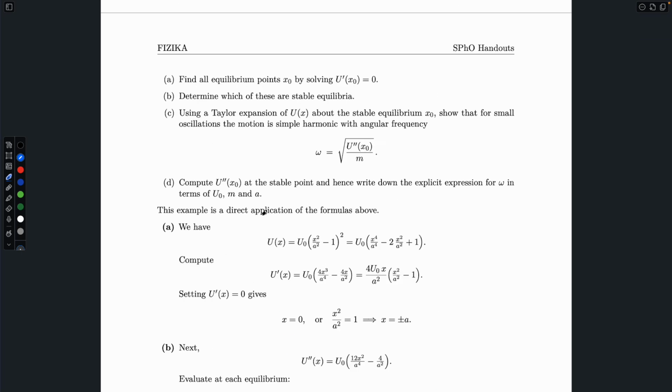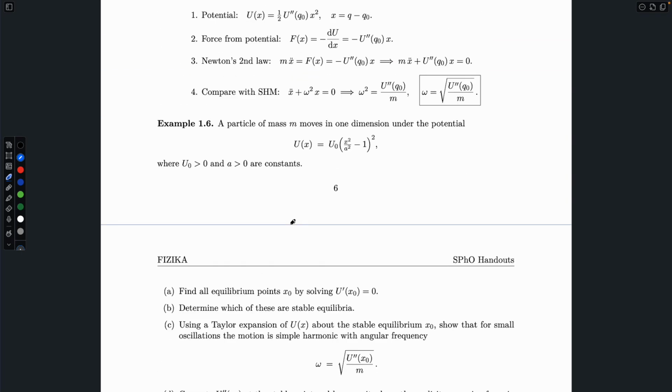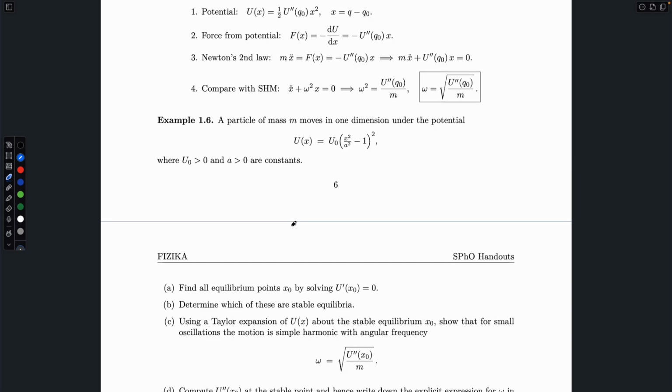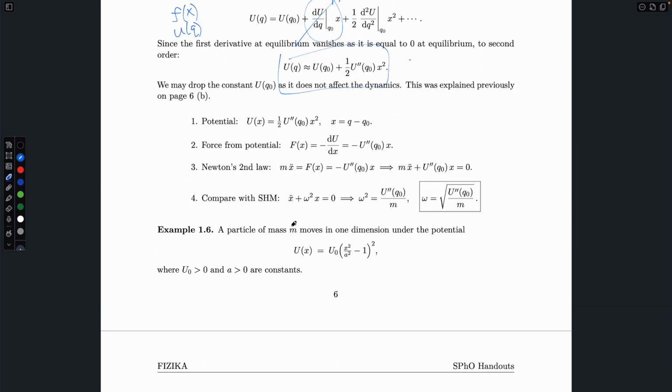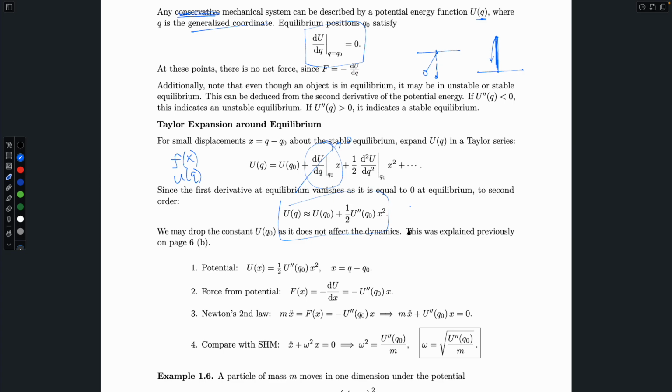Okay, I have a question. The question is, I don't get why we drop U(q naught). That's because, in general, when we talk about dynamics of the system, Newton's second law, we talk about forces. And we know that the force F is equal to minus dU/dx, or dU/dq in this case, any general coordinate.